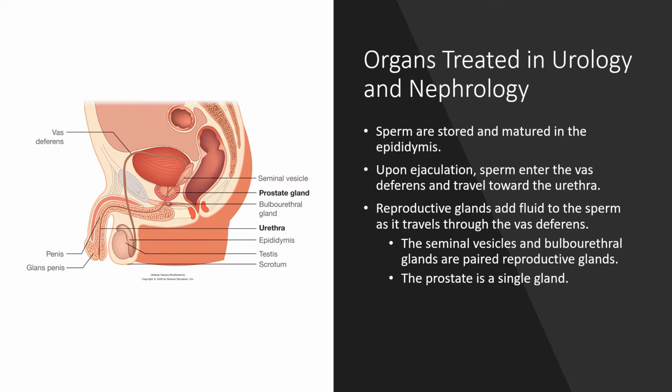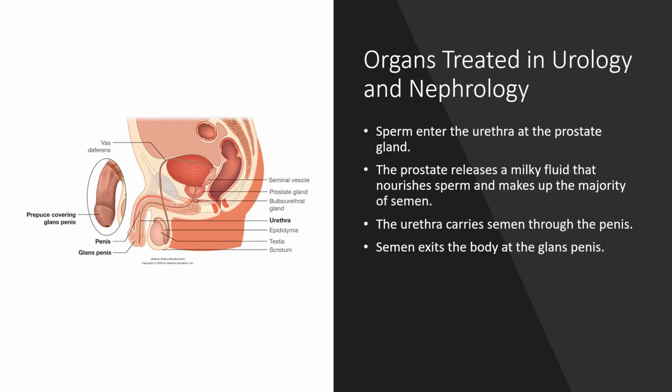Seminal vesicles and bulbourethral glands are paired, whereas the prostate gland is a single gland. The sperm then enter the urethra at the prostate gland. The prostate then releases a milky fluid that nourishes sperm and makes up the majority of what we call semen. The urethra carries semen through the penis, and the semen exits the body at the glans penis.